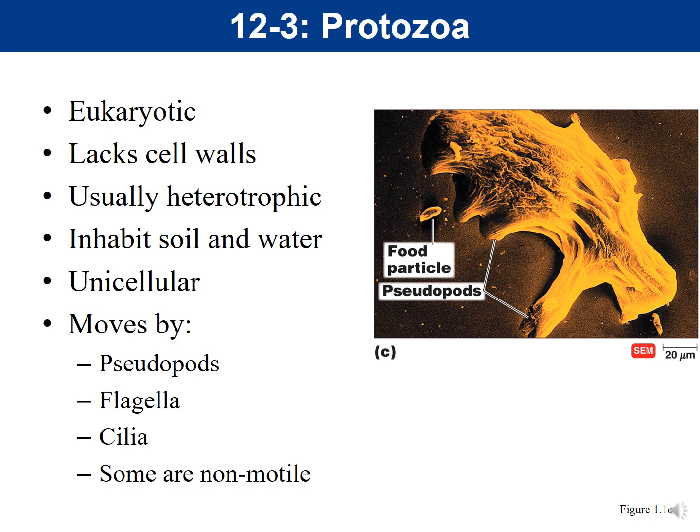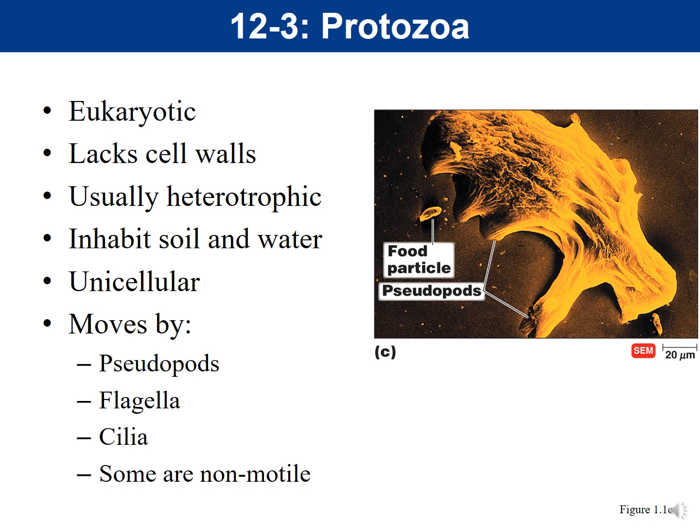Remember that protozoans are more animal-like, and what that means is that they lack cell walls. So just like animal cells lack cell walls, so do protozoans. Protozoans have stages that contain structures that are like a cell wall, but it's not a characteristic cell wall. Again, they're animal-like. They are usually heterotrophic, which means they have to consume their food in order to survive.